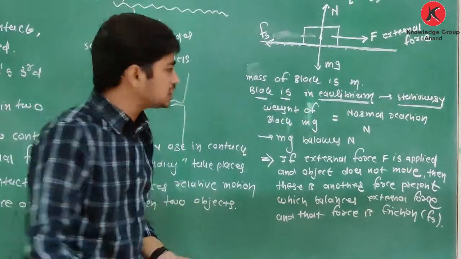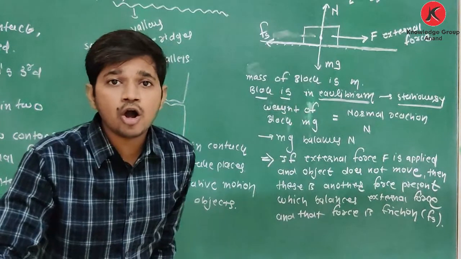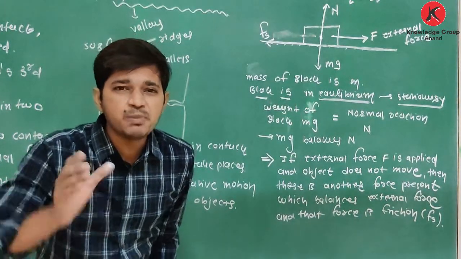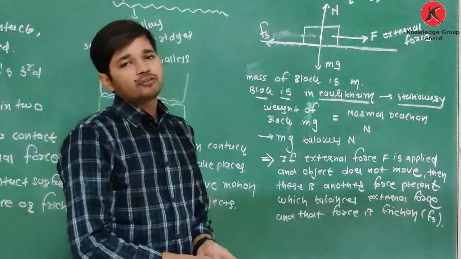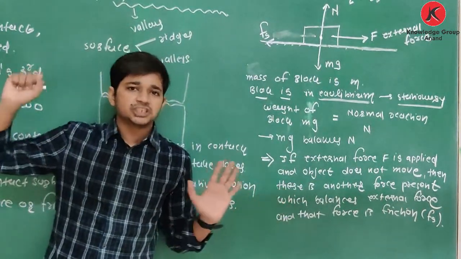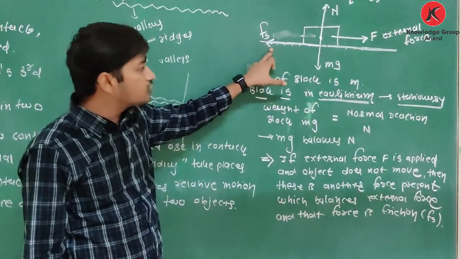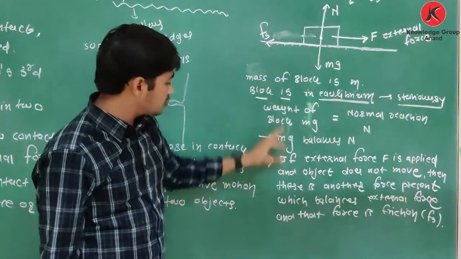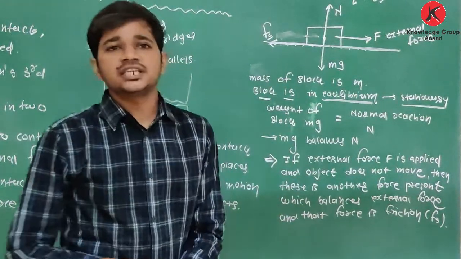If I apply external force on this block and it is not moving, there must be some other force acting in the opposite direction which balances this force and the object remains stationary. That force opposing its motion is called static friction.